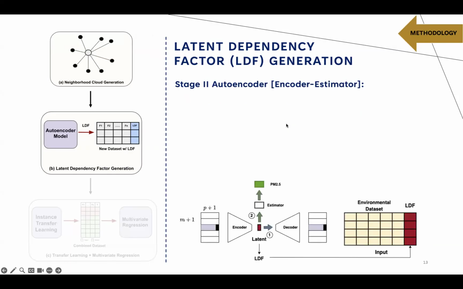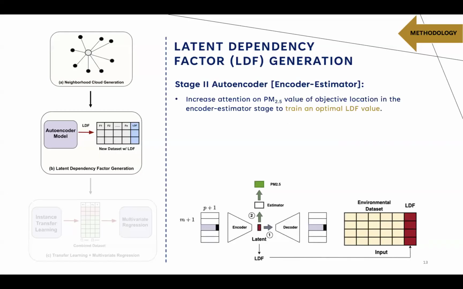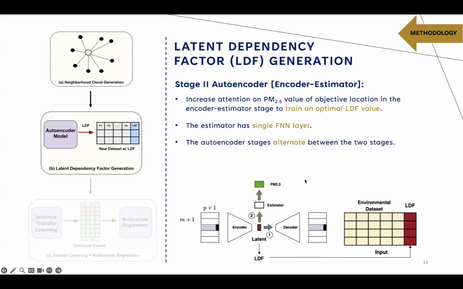In the second stage, which is the encoder estimator stage, we add an estimator layer. This is basically to increase the attention on PM2.5 values of an objective location. The estimator has a single FNN layer, like you see here. So this is the encoder decoder model. This is the latent value. The latent value is also fed to an estimator layer, and then the estimator layer is connected to the PM2.5 value of the objective location.